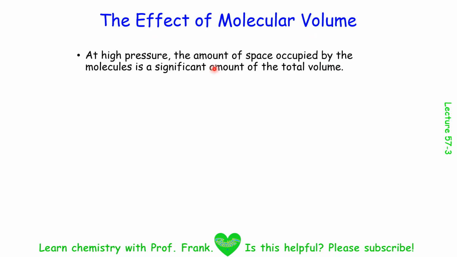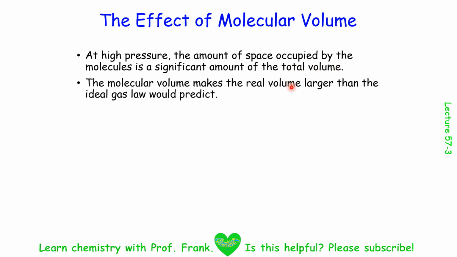Let's take a closer look at the effect of molar volume. At high pressure, the amount of space occupied by the gas particles is a significant amount of the total volume. So at high pressure, the volume matters. Therefore, the molecular volume makes the actual volume larger than the ideal gas law would predict.